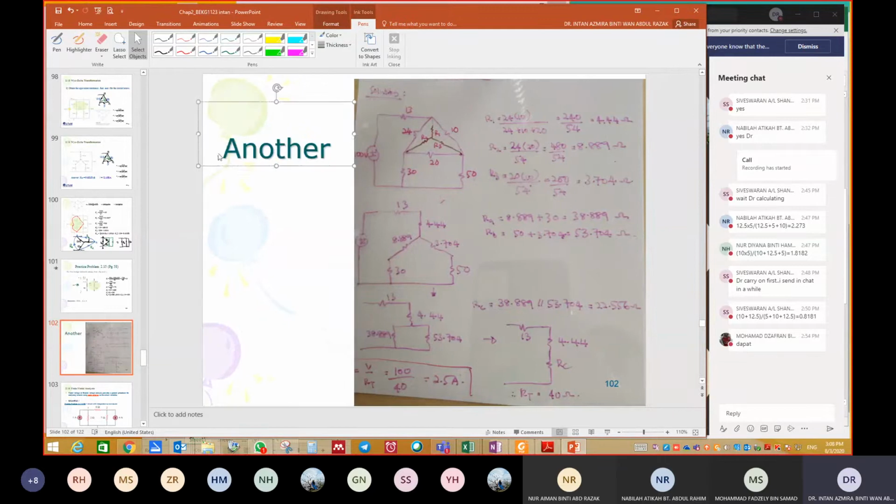This is method 2. So it converts delta to star.